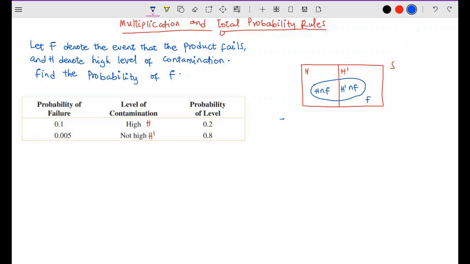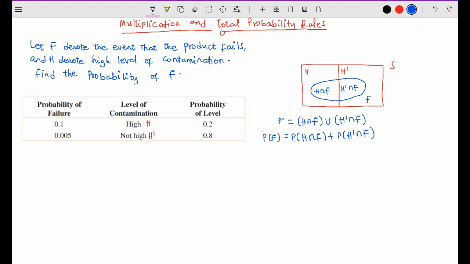So from here, to find the event F, event F will be equal to H intersection F union H prime intersection F. So the probability of F is equal to the probability of H intersection F plus the probability of H prime intersection F.